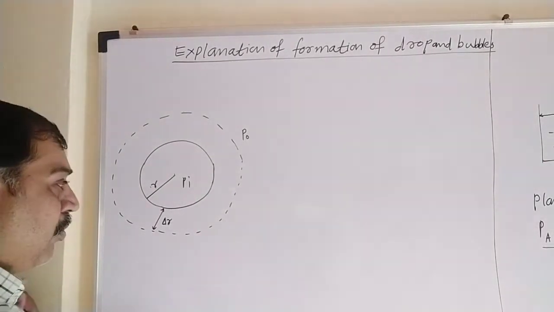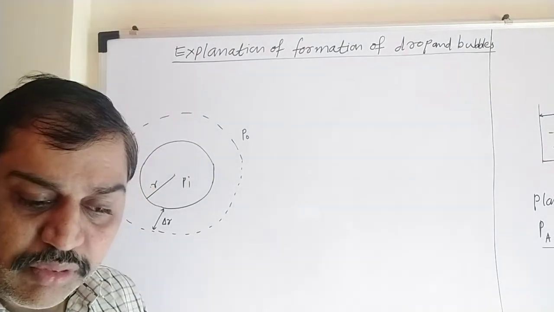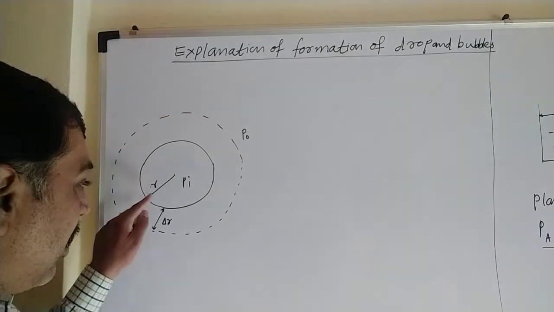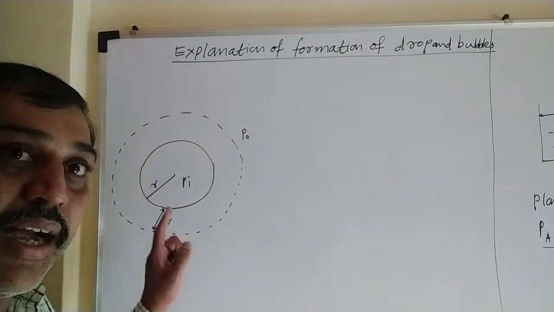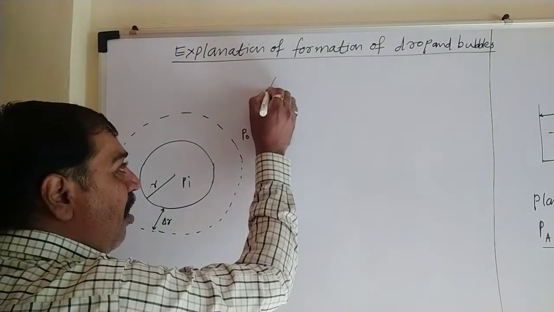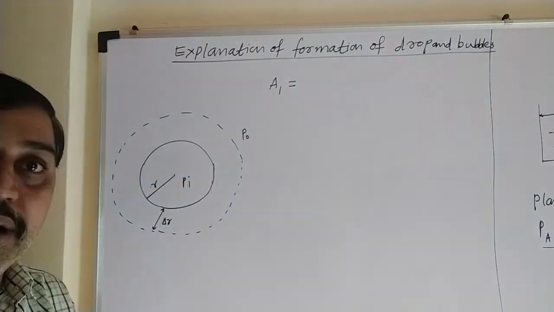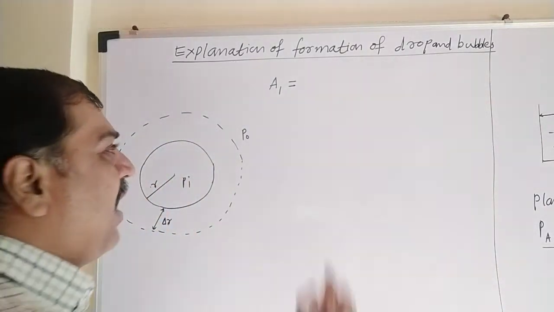Now, first I will write down the surface area when the drop has radius r. The area of the sphere, A1, when it is a drop having radius r, by the formula is 4 pi r square.